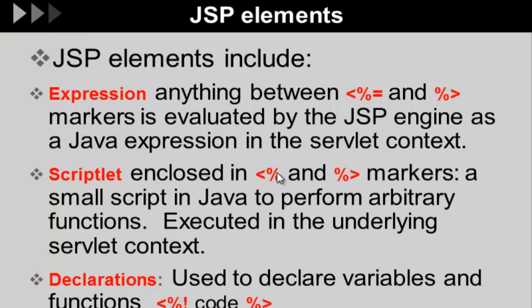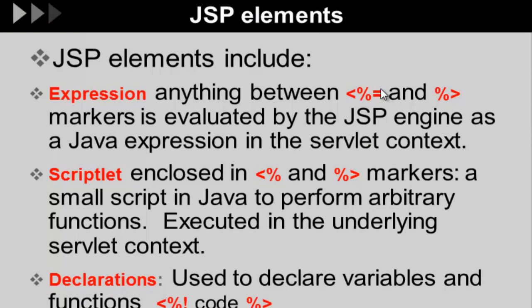Then look at the symbol here, it is percentage, and it ends with percentage and a greater than angle bracket. What's the difference between an expression and the scriptlet? There is an equal sign. So you have to put an equal sign in front of it, then it becomes an expression. If not, it's just a scriptlet.